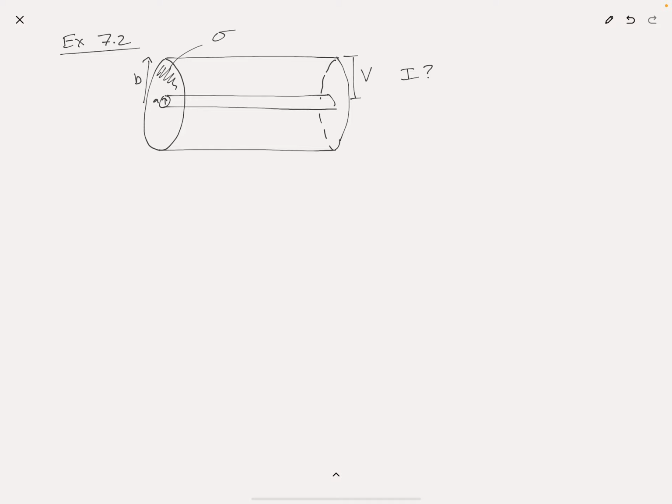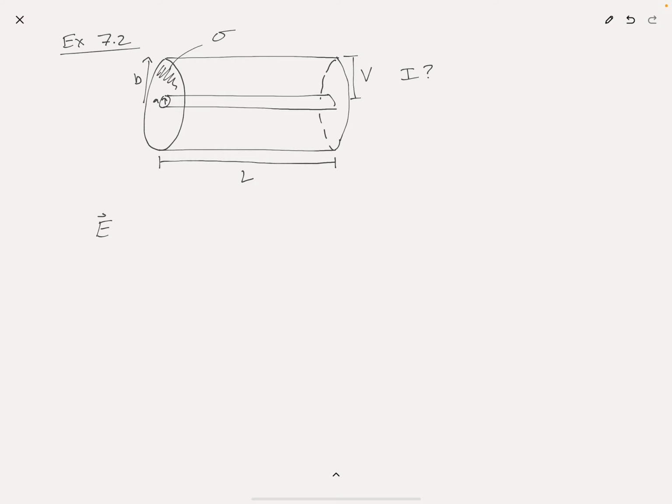All right. The total current is going to be related to how big our coaxial cylinder is. So let's say how much current flows per unit length L. Okay. So I'm going to assume here that the charge density on the internal cylinder is lambda.